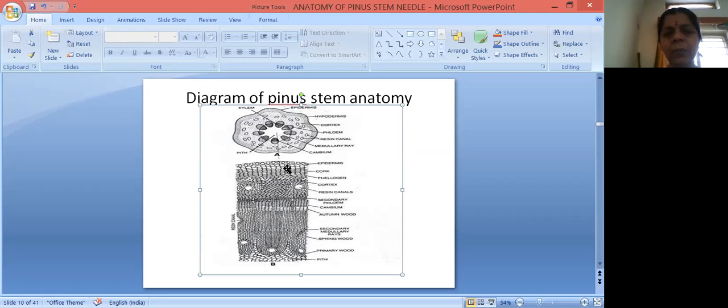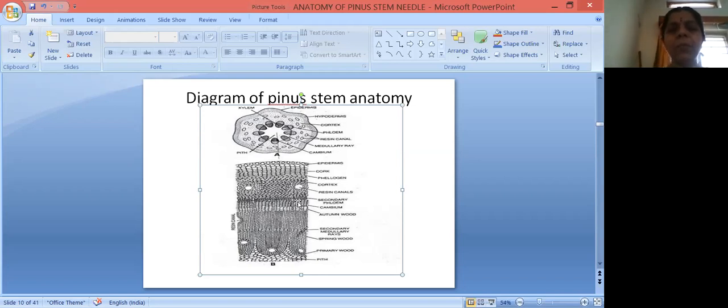The outer cortex has hypodermis, sclerenchymatous, the middle cortex is parenchymatous, and the inner cortex is also sclerenchymatous. Even after secondary growth we can see a number of resin canals in the cortical zone. And coming to the endodermis, a multi-layered endodermis is formed, and pericycle is also formed.